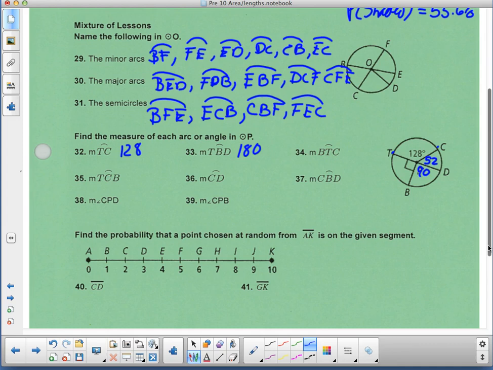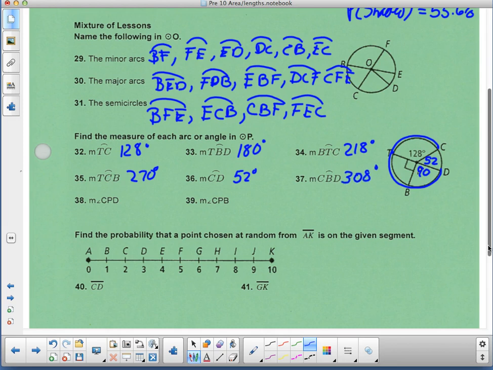BTC is 90 plus 128, which is 218, and these are all degrees. TCB is 180 plus 90, which is 270. CD is just 52. CBD, remember CBD goes around this way, so it's 360 minus 52, which is 308.